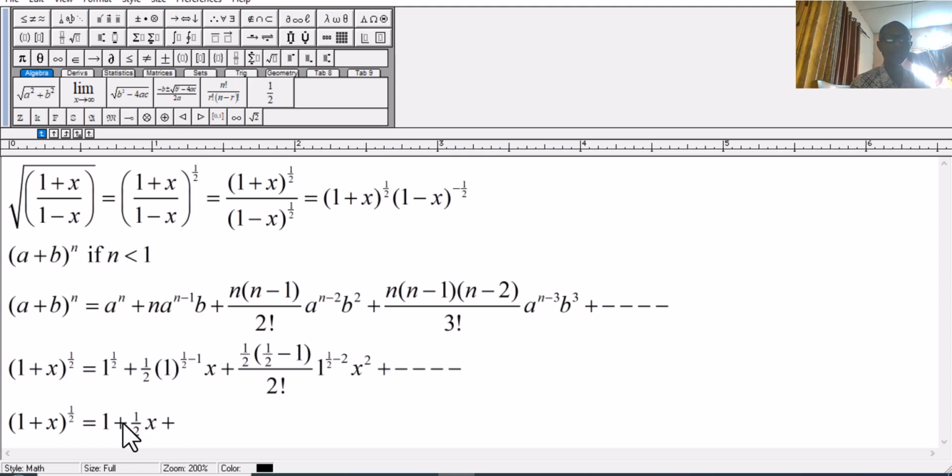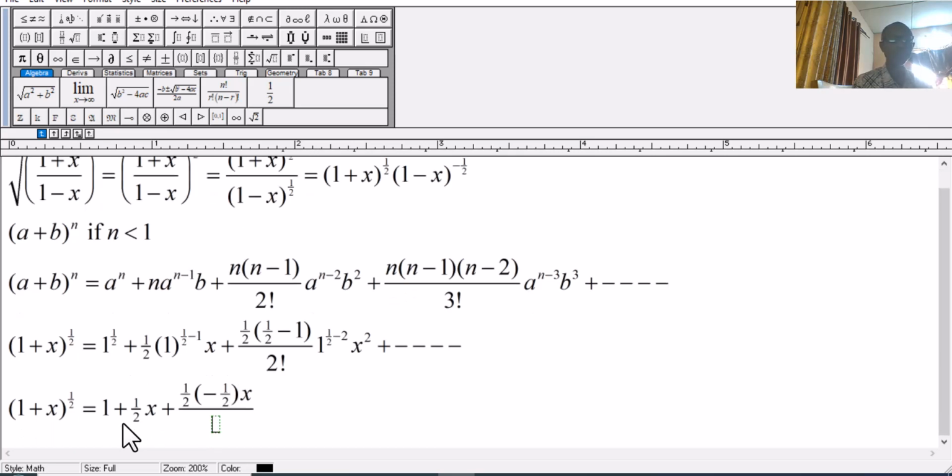And the next term that we have is half times minus half times minus half over 2 factorial, 2 factorial is 2, and then x squared.